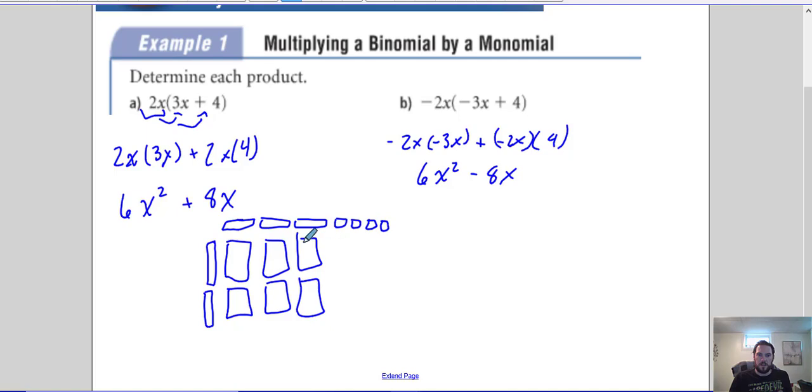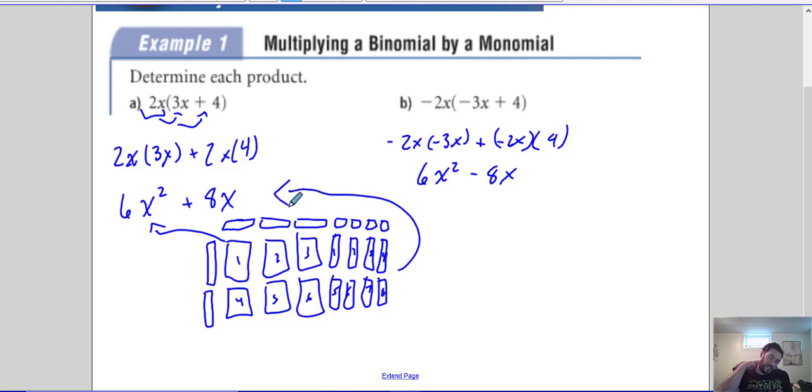And this is x by 1, so each of these turn into x's. And if I do it that way, I see that I get 1, 2, 3, 4, 5, 6 x squared, and 1, 2, 3, 4, 5, 6, 7, 8 x. Right, I get the same answer, but I get it in a pictorial way.